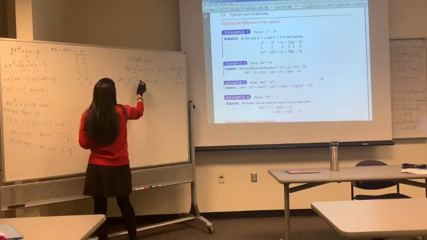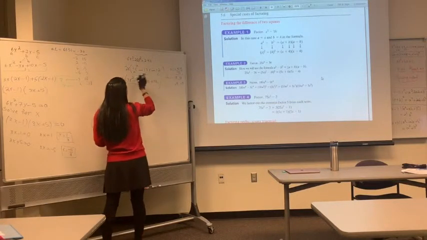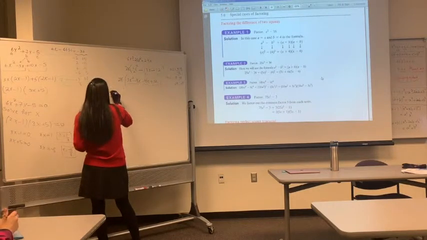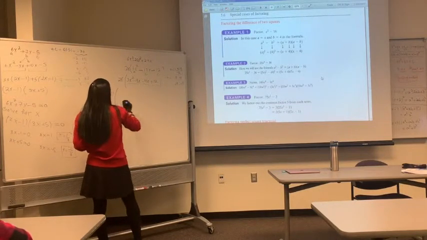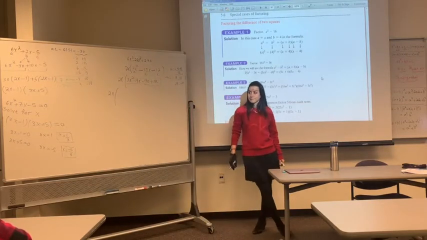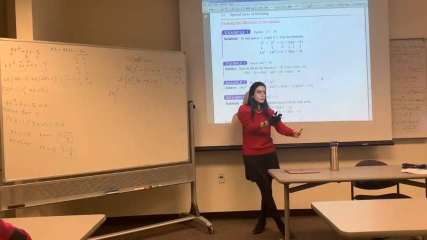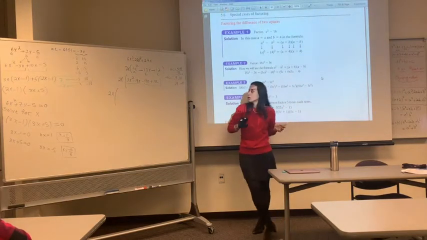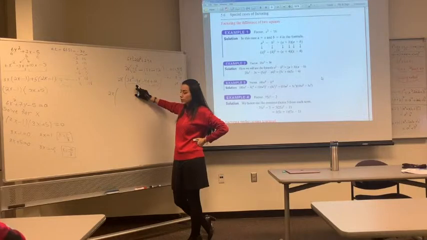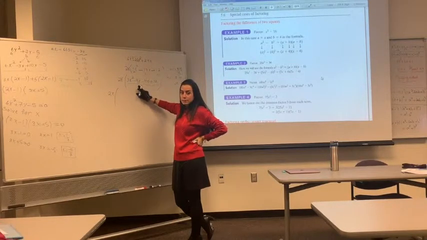So these two have a common factor. These two also have a common factor. 3x squared minus 9x.